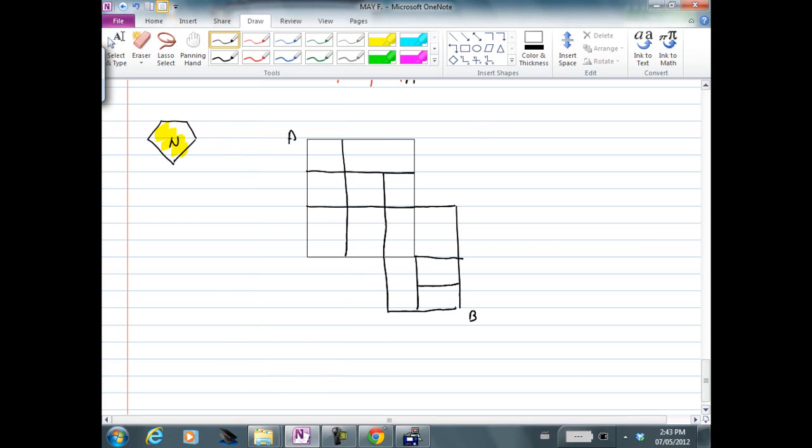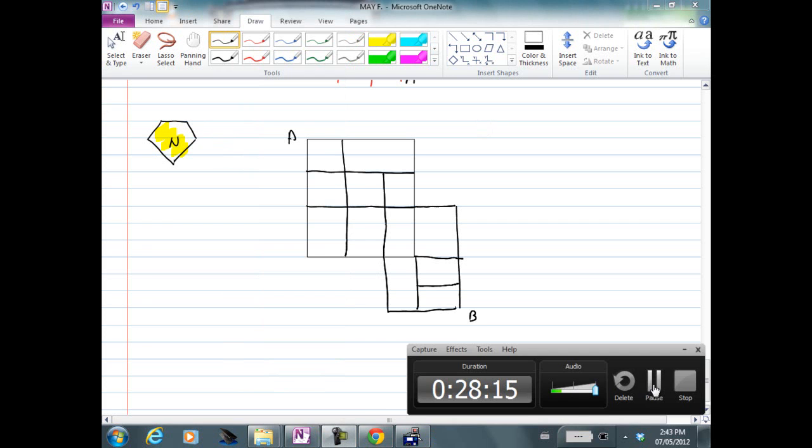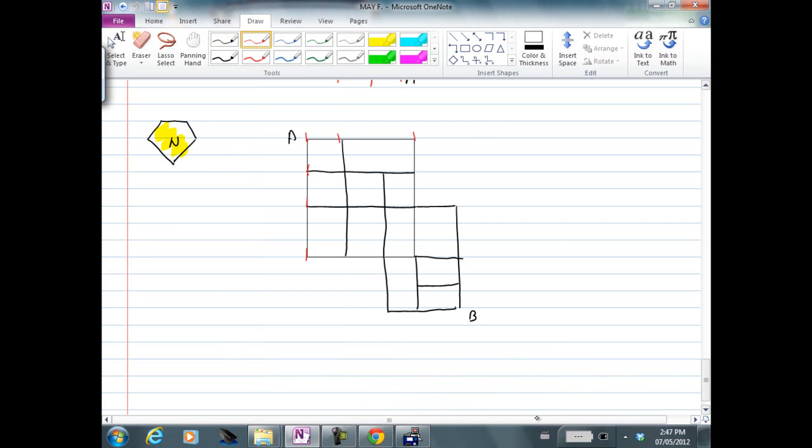Whoa, whoa, whoa. Watch what I'm going to do. I labeled this as 1, 1, 1, 1, 1. I know that every bottom right corner, here's a bottom right, bottom right, bottom right, bottom right.